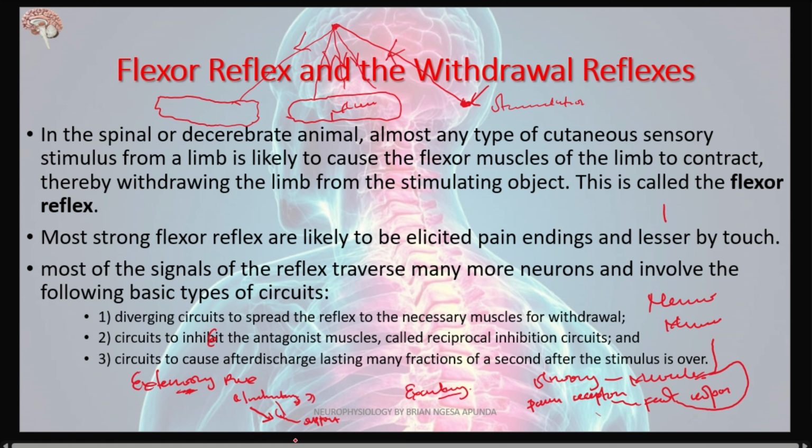So this is possible if we have some type of circuit that allows impulses to reverberate, or an oscillatory kind of circuit. So we've seen how that can also be applied by these reflexes.